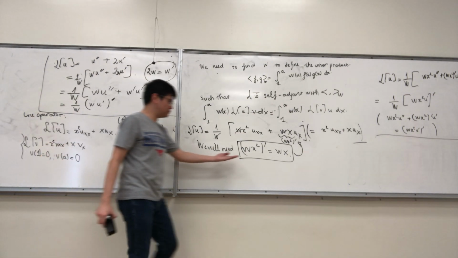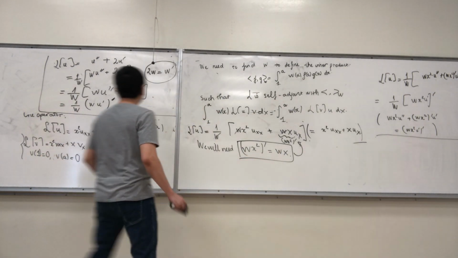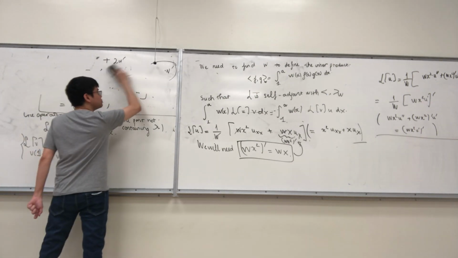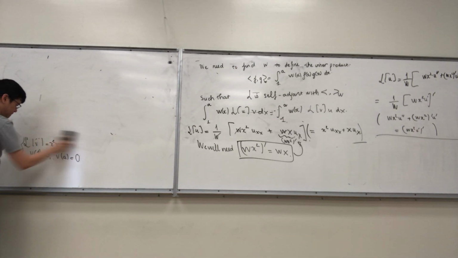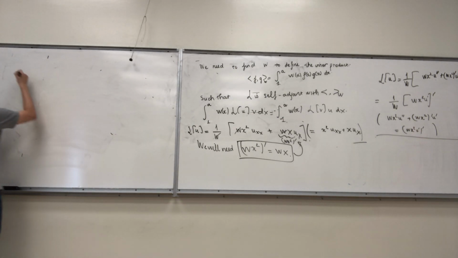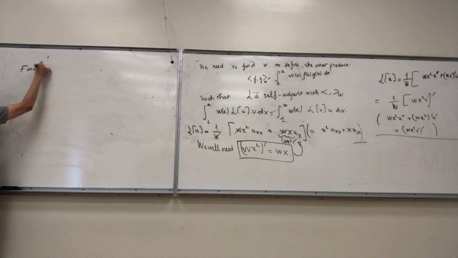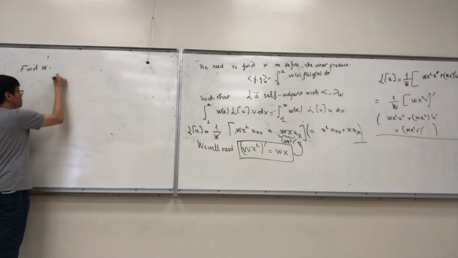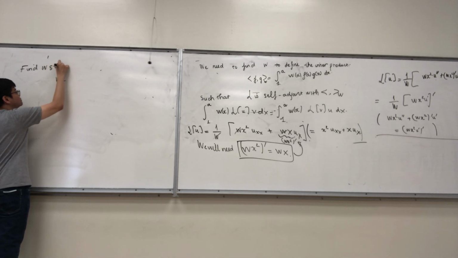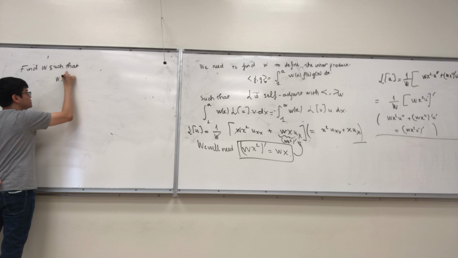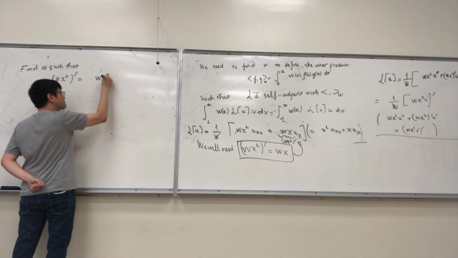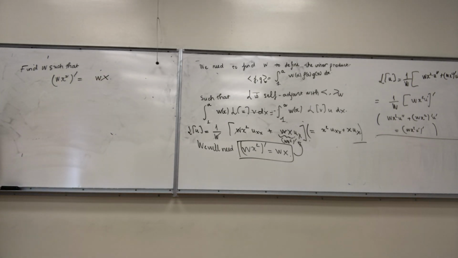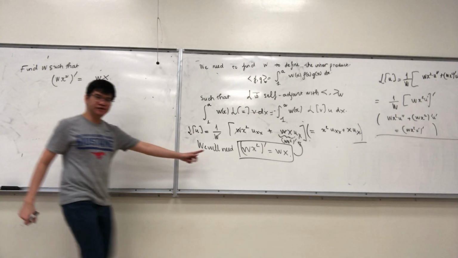Now let us try to find W. In order to be able to find W, you have to know how to solve a first order differential equation. So now we find W such that Wx squared prime is equal to Wx, which is this equation over here.